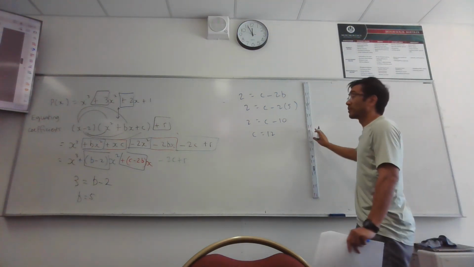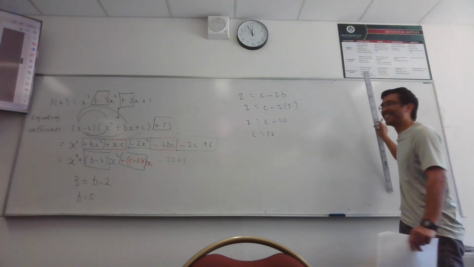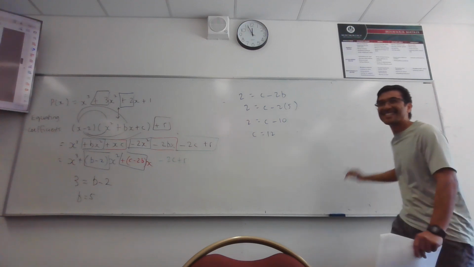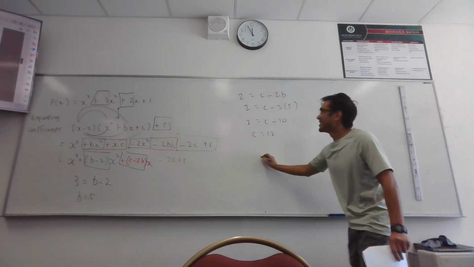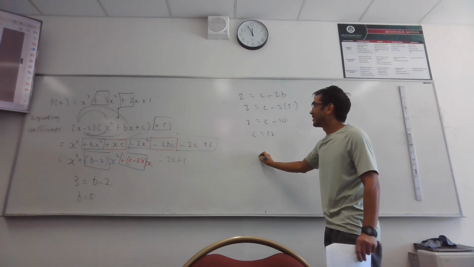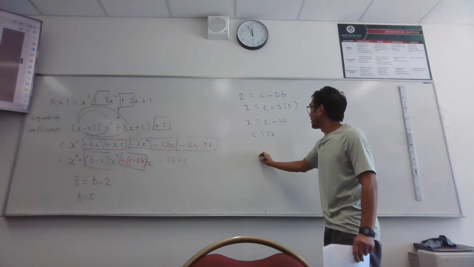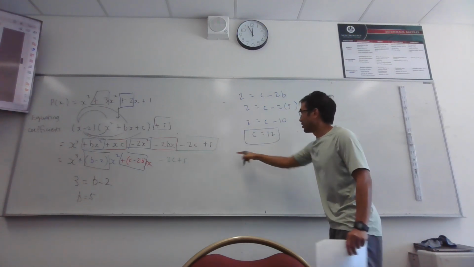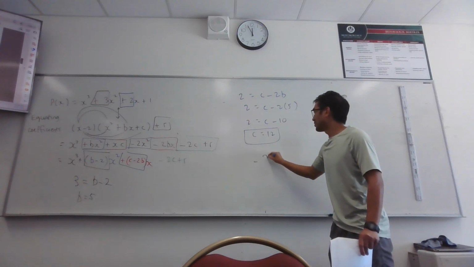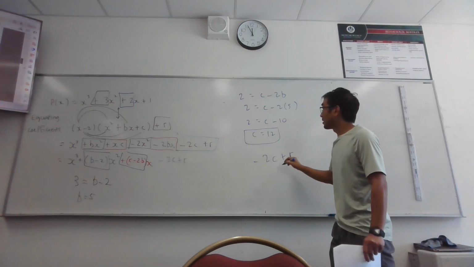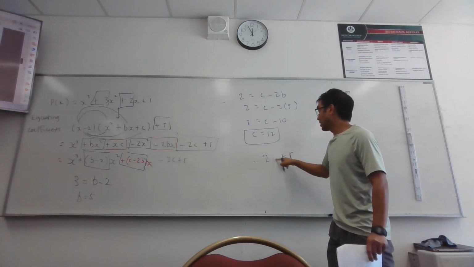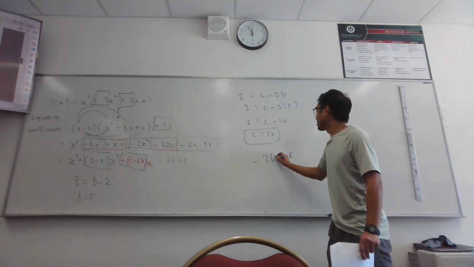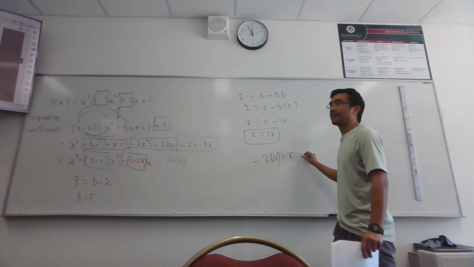Okay. Who wants the next lolly? So you'll get this: negative 2c plus r, and you substitute c to be 12, and you're saying it's equal to negative 24.